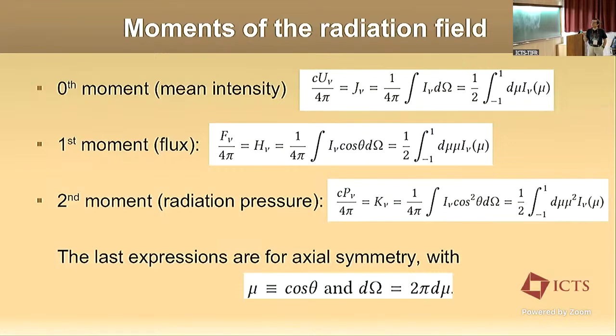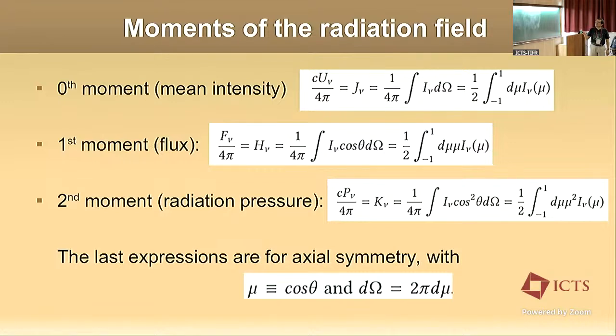You can also define the first moment, which is usually called H nu. This doesn't mean anything, it's just notation. This is just the intensity, but now in a particular direction. So there is an additional cosine theta from the projection, because you have the area and it's projecting in a particular direction, so there is a cosine between them. And again, it's averaged over the total solid angle.